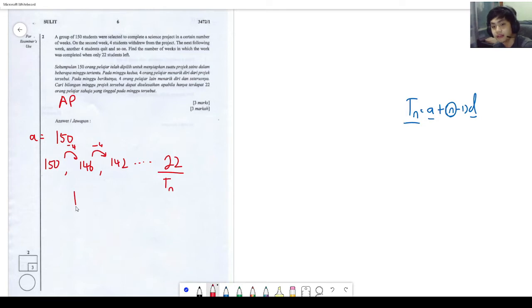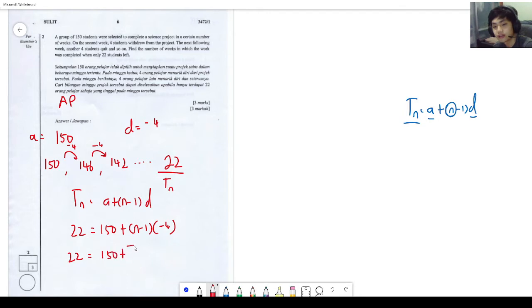So we can just put in the formula here. Tn is 22, a is 150, n is unknown, and d is -4. I should write d = -4 here just for clarity. So 22 equals 150 plus, in this case, minus 4n plus 4. So 22 equals 154 minus 4n.